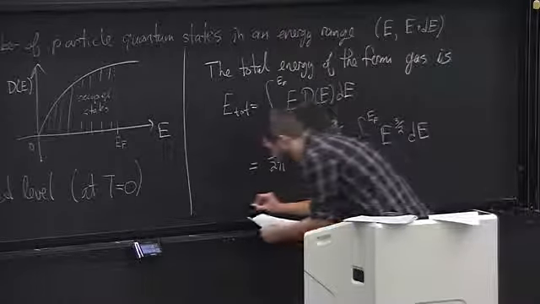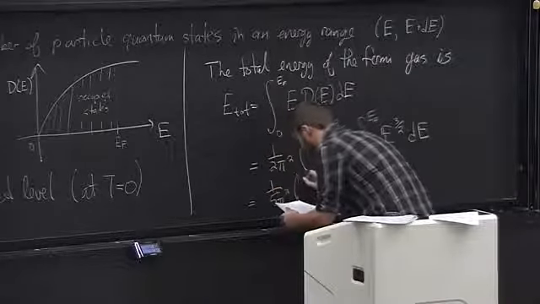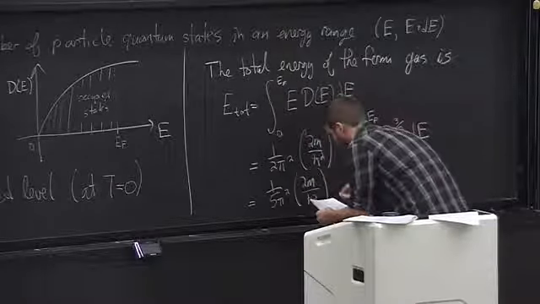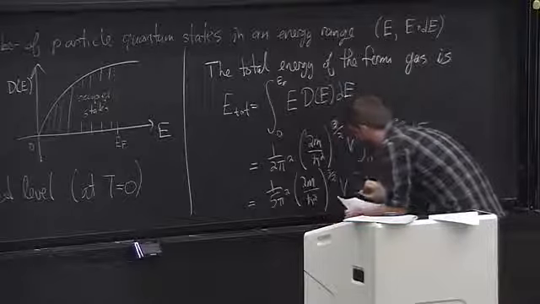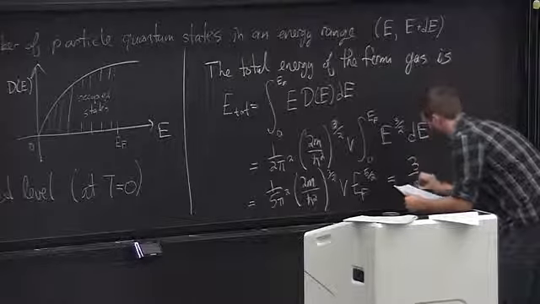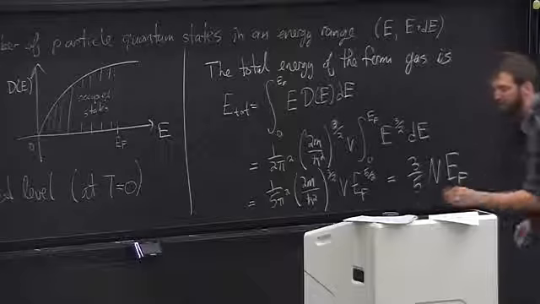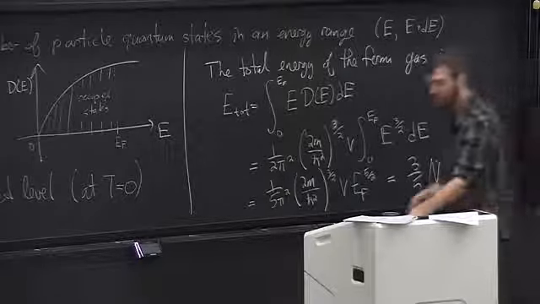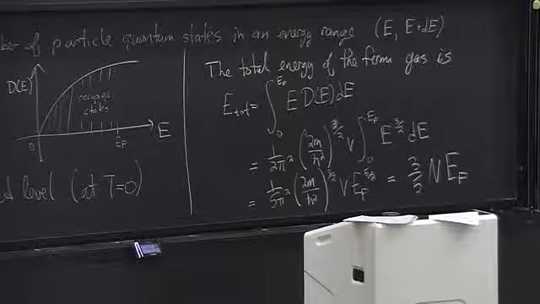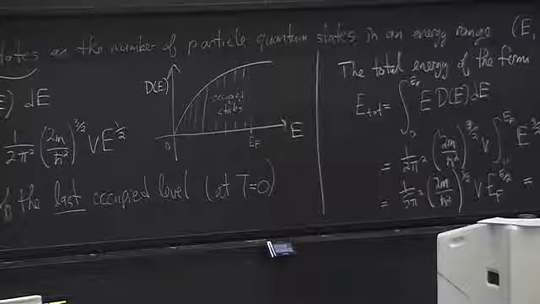And you'll find that the integral gives you something nice. It's actually just 3/5 times N times the Fermi energy.